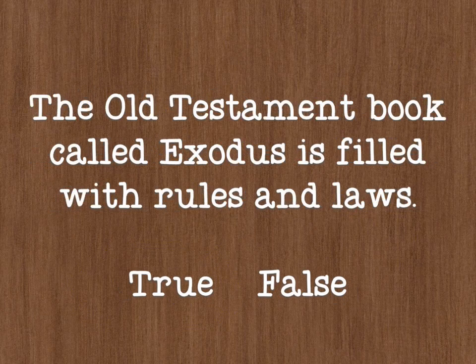Alright, 2 more. The Old Testament book called Exodus is filled with rules and laws. Stand up if you think that is true. Stand up if you think it's false.